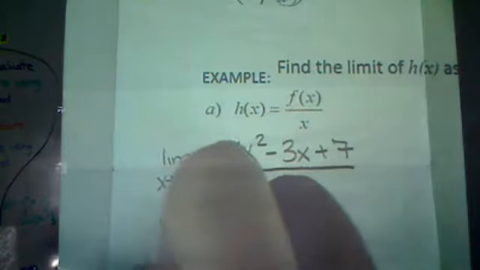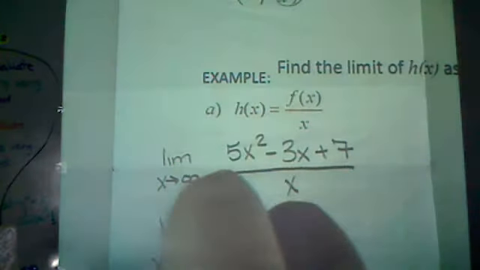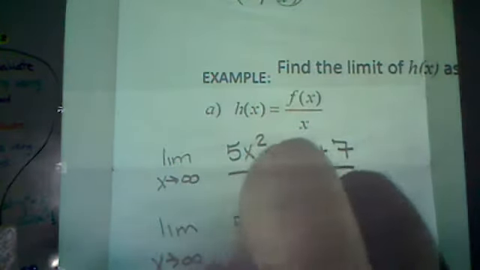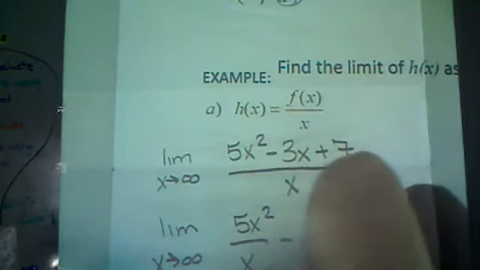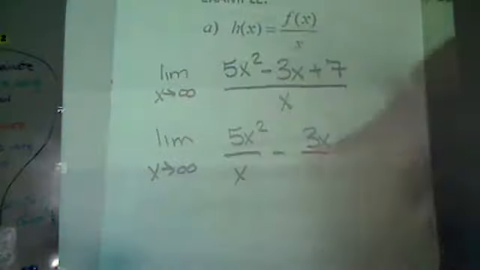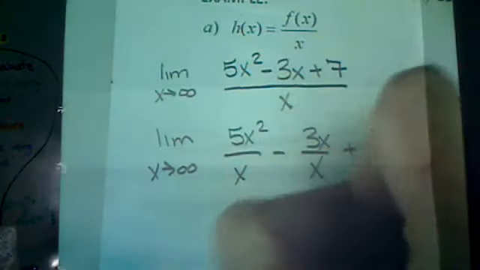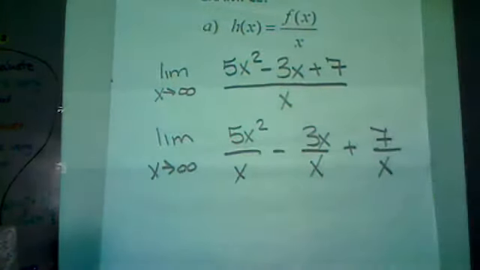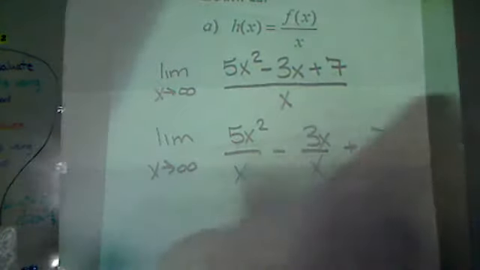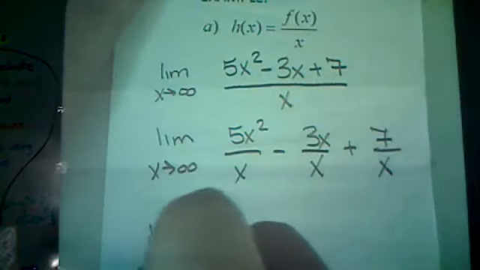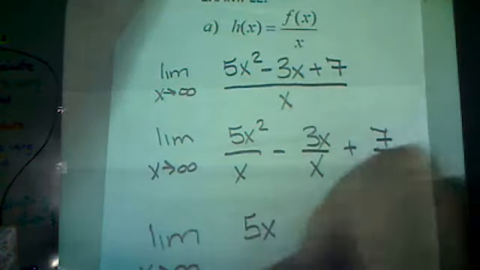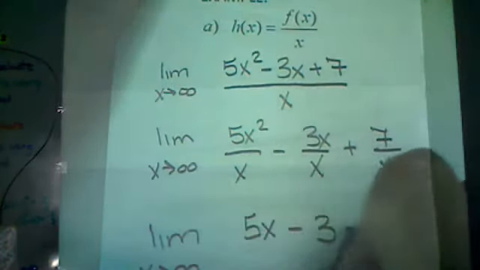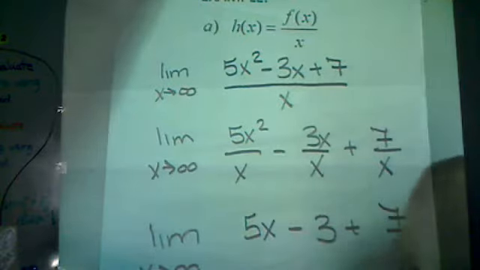So the limit as x approaches infinity of 5x squared over x minus 3x over x plus 7 over x. Remember, we're going to simplify, so we get the limit as x approaches infinity of 5x minus 3 plus 7 over x.